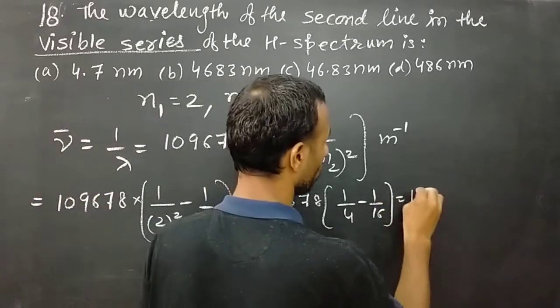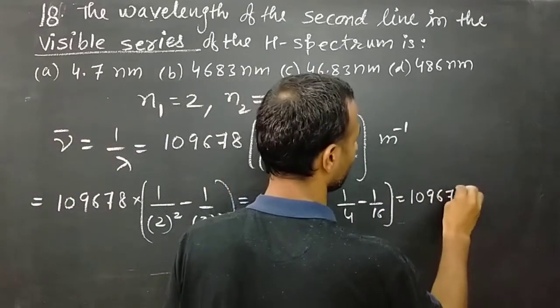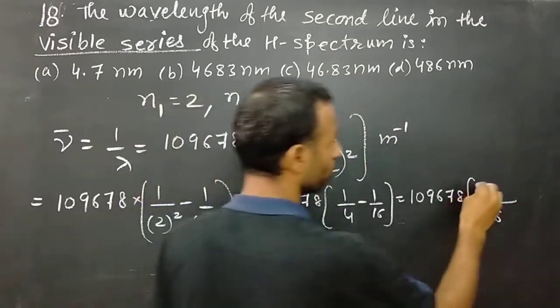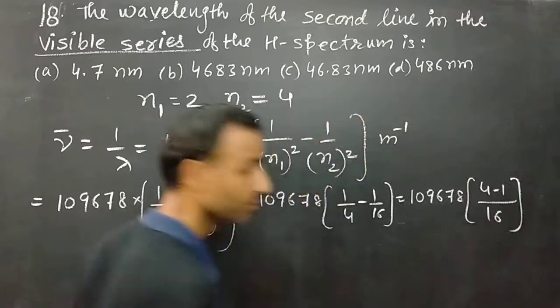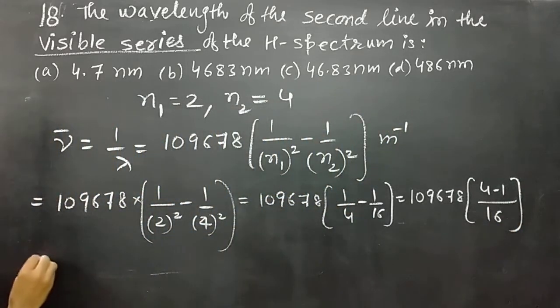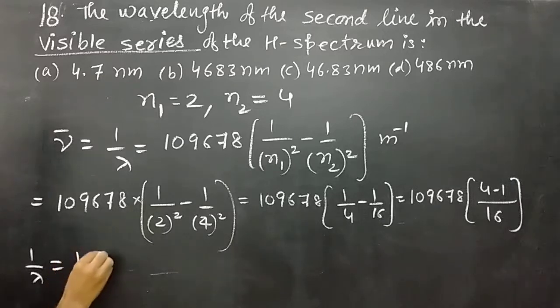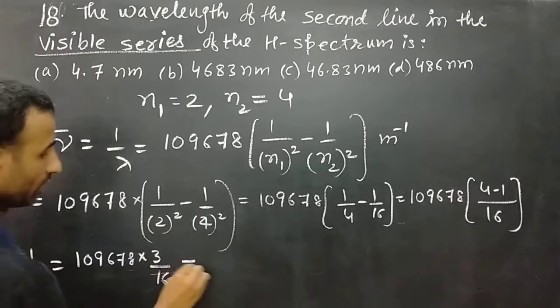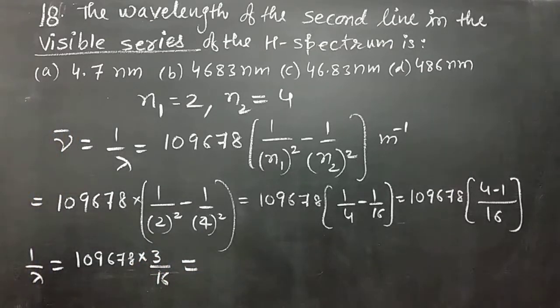So that is 109,678, 16 is the LCM, so it is 4 minus 1. So that is 1 upon lambda equal to 109,678 into 3 over 16. Right?